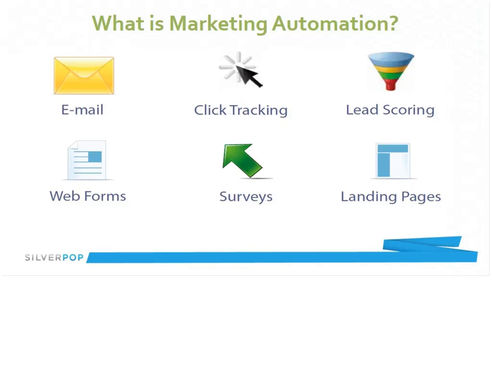It's still very, very heavy, but click tracking is also important. We talked about web intelligence. We want to understand not only where people are clicking in emails, but what they are doing on our website, on web forms, or microsites, or various things that we put in place. Understanding where people are interacting with your brand is part of marketing automation.